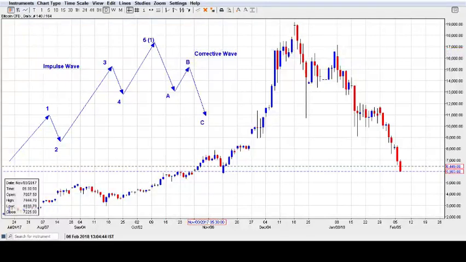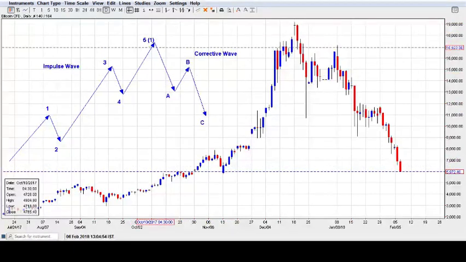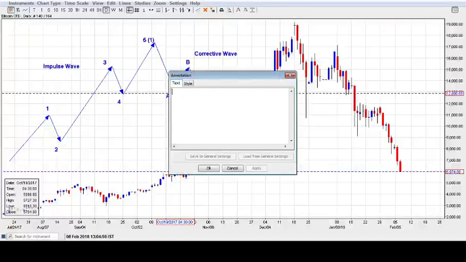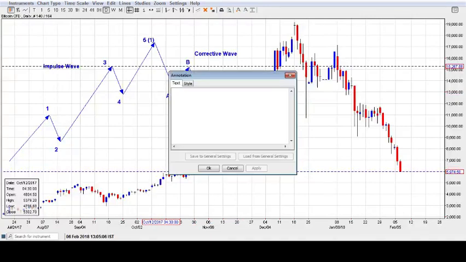Alright, so we are not very sure whether we are done with the corrective wave structure ABC, or is it going to be just the A wave? That should be a 5, 3 and then 5. We are still keeping the other option open.